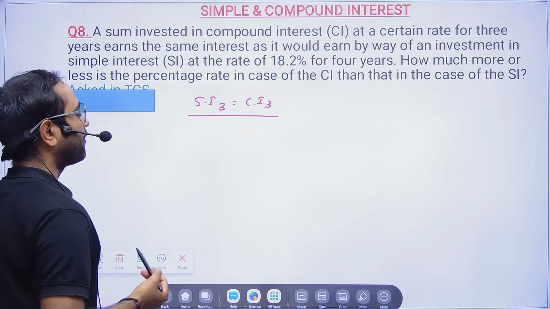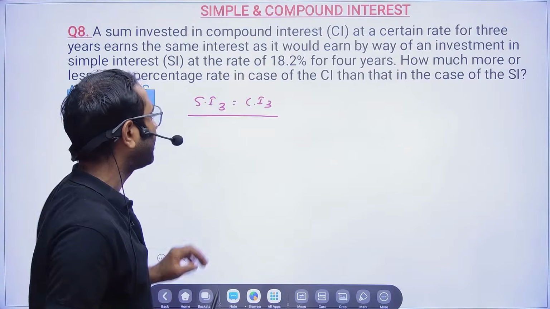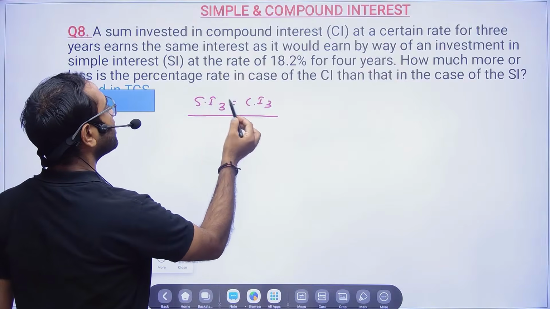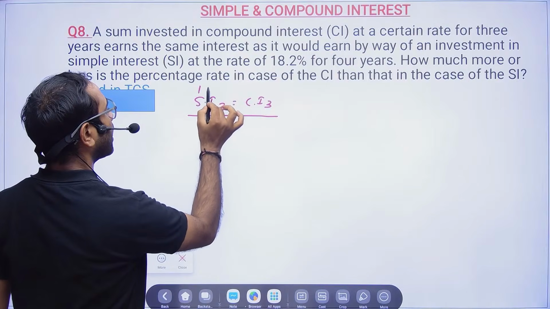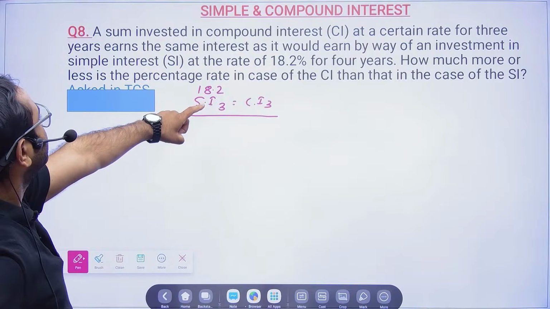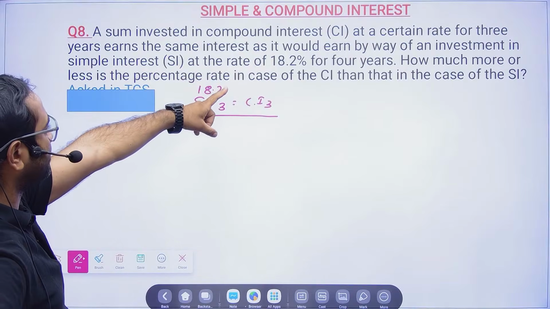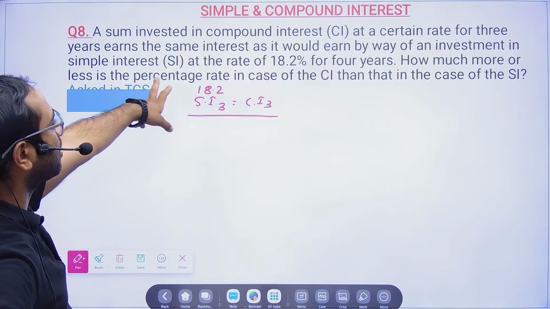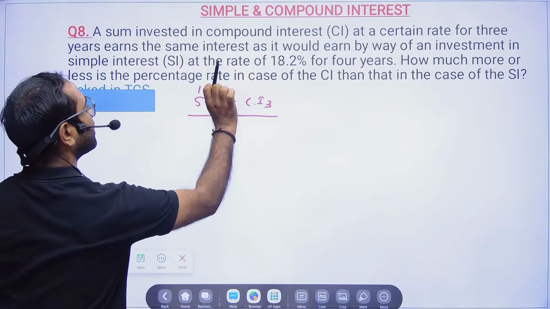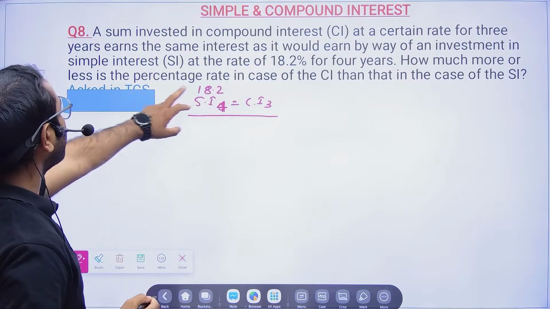Definitely there is only one way when this will happen, when the rate of interest is more and less. So simple interest for 4 years is equal to compound interest for 3 years.